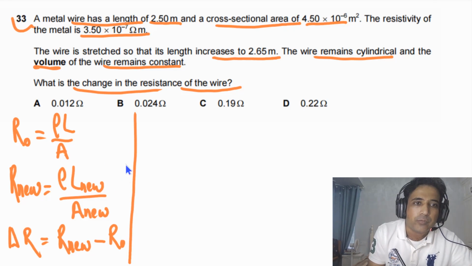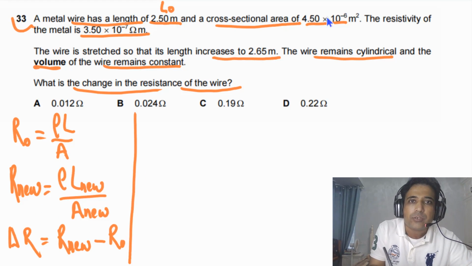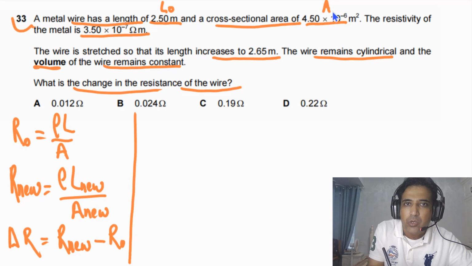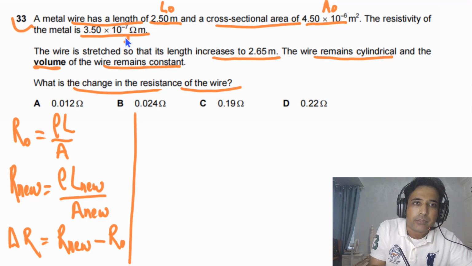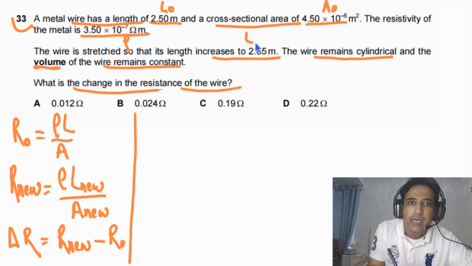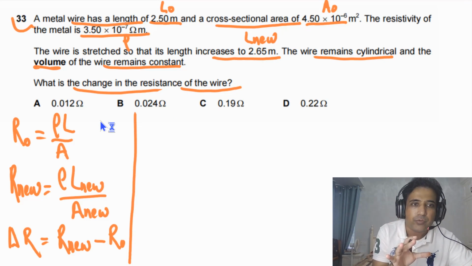So first of all, we have to find the value of A new. This is the value of L naught, this is A naught, this one is the resistivity, and we have L new. So simply we need A new. If we have the value of A new, we can plug in values and find the answer.